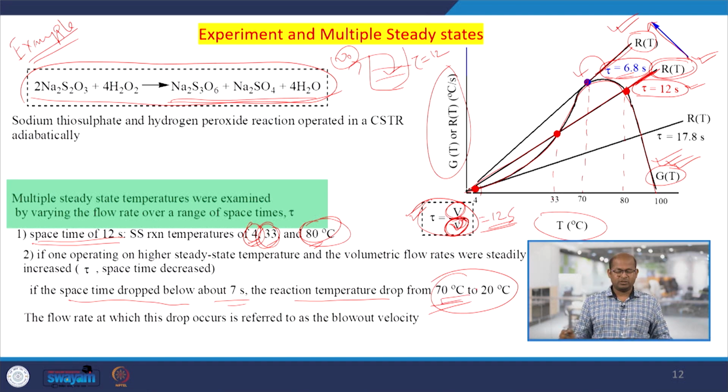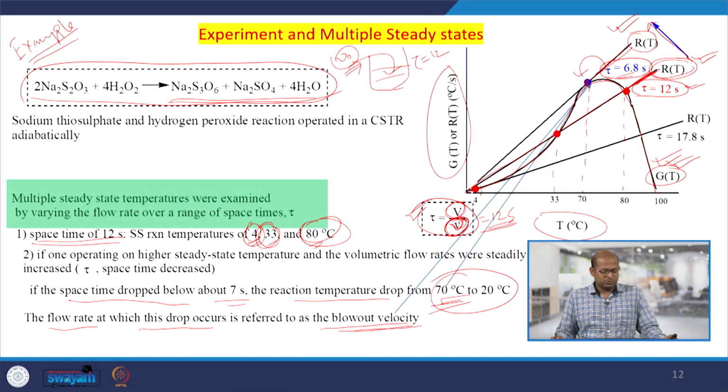Now it has dropped to 70 degree centigrade. Here we have changed the feed inlet flow rate, the volumetric flow rate. The flow rate at which this drop occurs is called the blowout velocity.